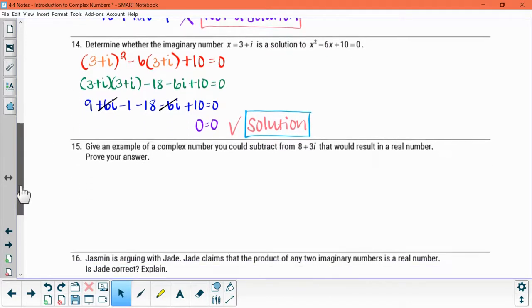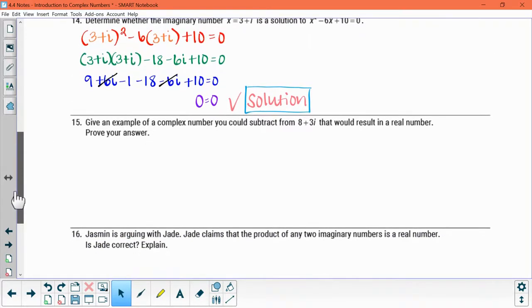Now we're going to give an example of a complex number you could subtract from 8 plus 3i that would result in a real number. So basically, I'm trying to find a value that I can subtract where I can get no imaginary term. And it has to be complex, so it has to be a plus bi. So you really could plug in multiple things here, but the really important thing is that you are getting rid of this 3i.